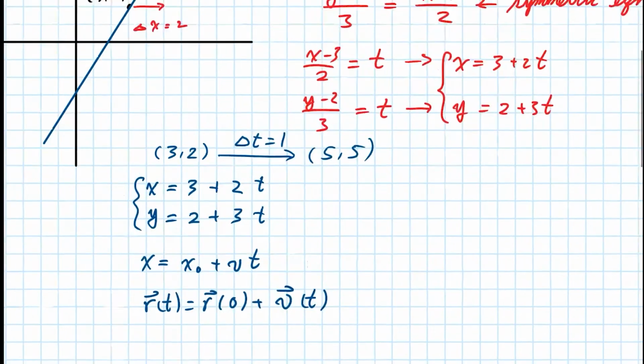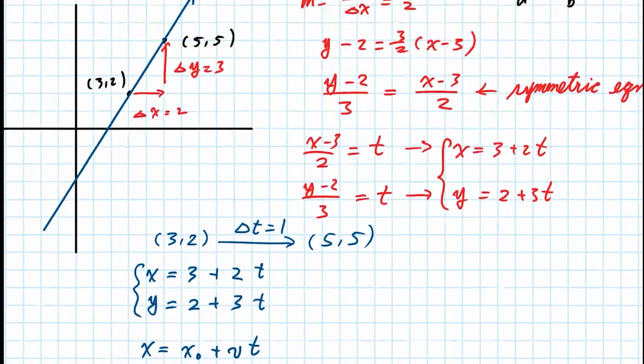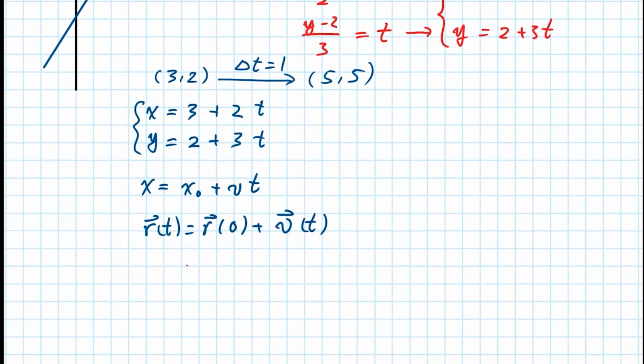So we need the velocity vector, and the velocity vector is just this much, isn't it? V, and that's just change in x and change in y, so that's (2, 3). So if we plug that in, we have our initial point, which is (3, 2), plus our velocity vector (2, 3) times t.